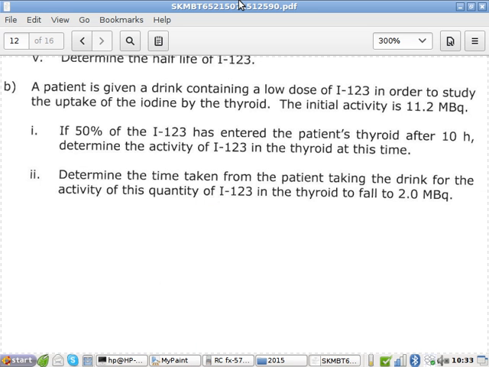Can I go back? No, I'll just type in decay constant. It's not on this page, but I know where it's calculated. Okay, you can close that now. 13.32.